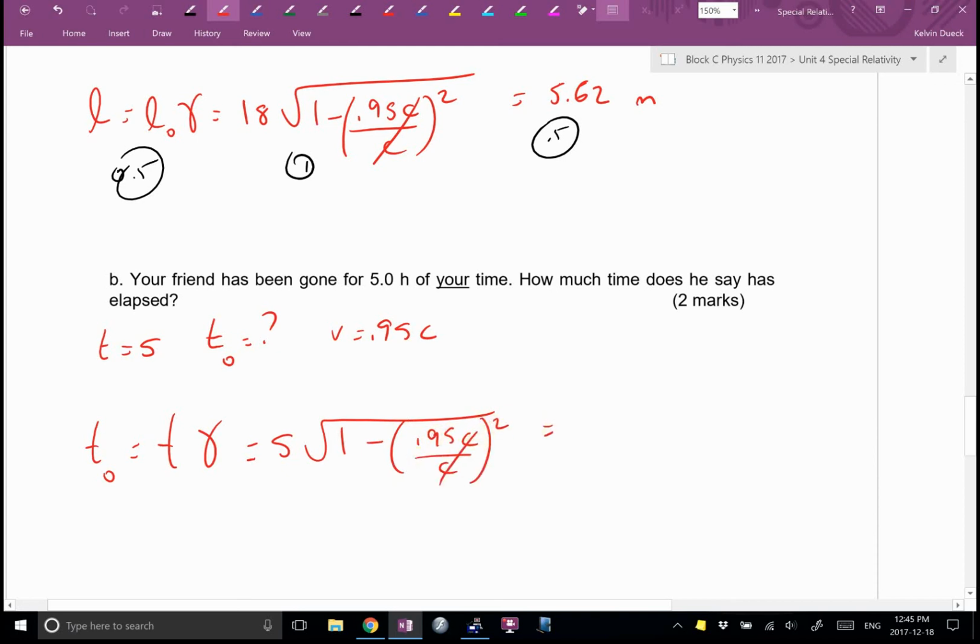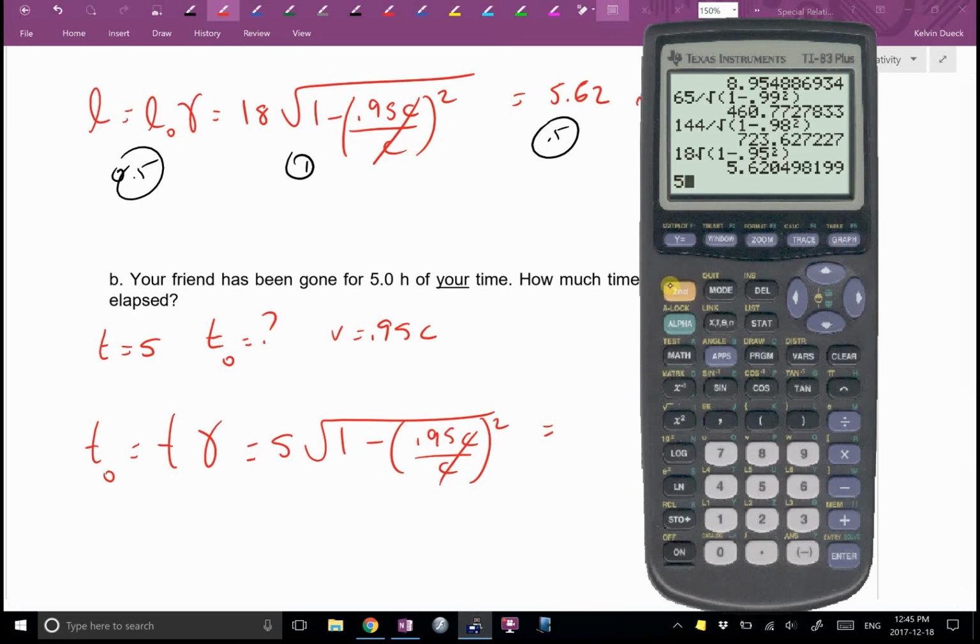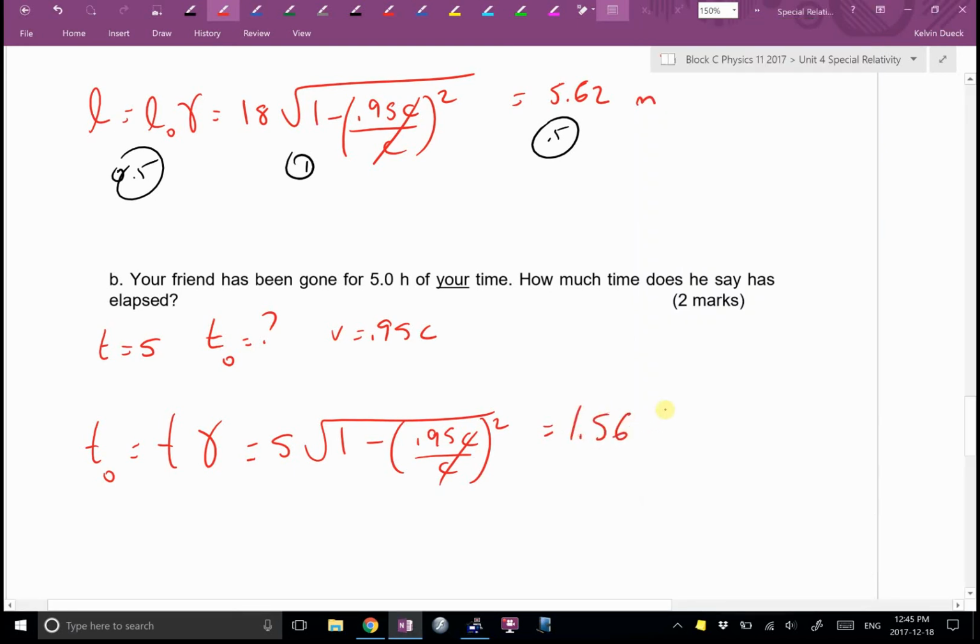The C cancels. I get 5 square root 1 minus 0.95 squared. Do you get 1.56? And this one is in hours. If I gave you the same question in years, you would be back in 1.56 years. Decades, 1.56 decades.